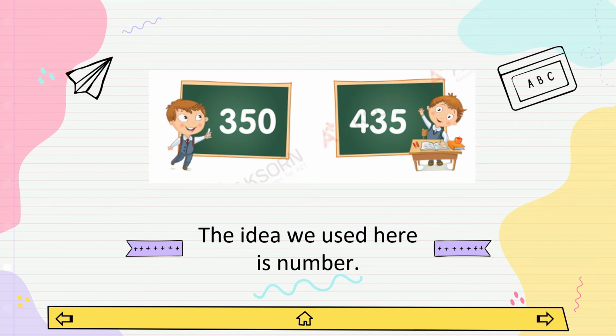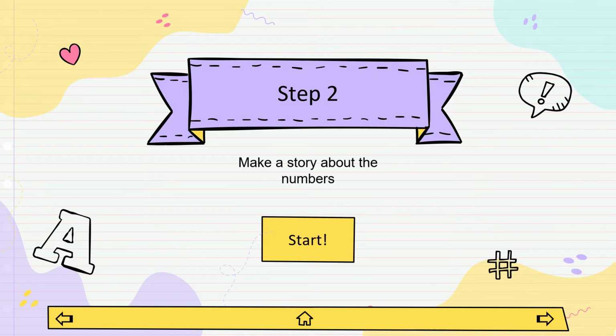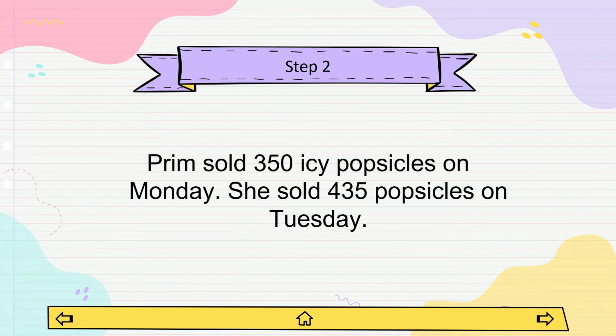So next, we're going to make a story using the given numbers. For example, Pim sold 350 icy popsicles on Monday, and she sold 435 popsicles on Tuesday. So that is how we create a story.